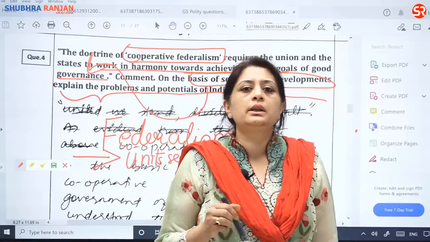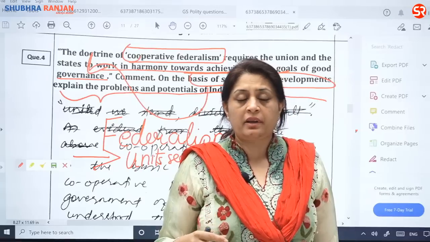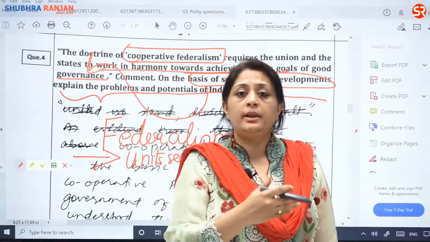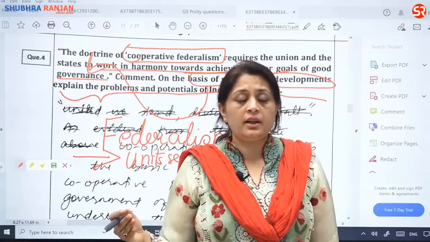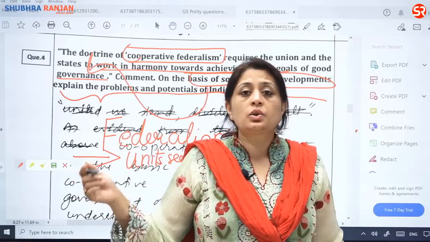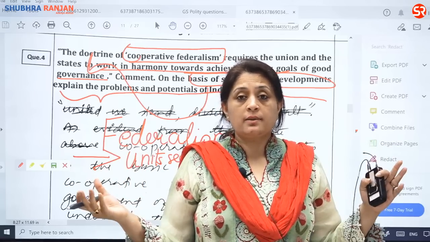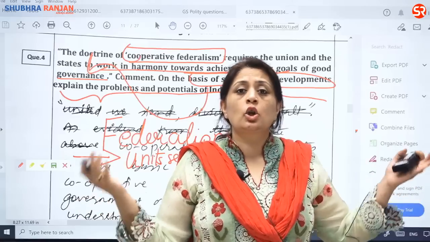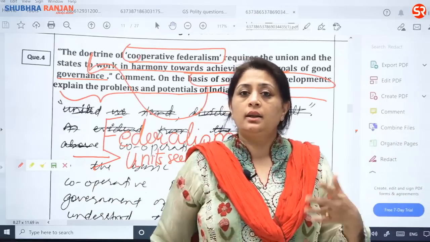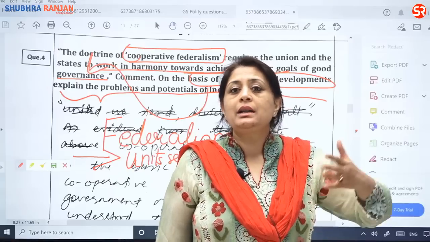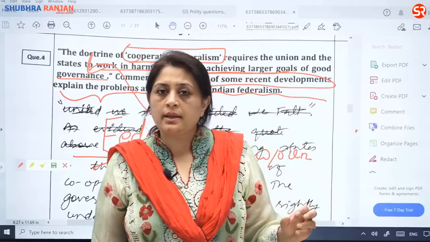And then a student is expected to write what the features of cooperative federalism are. To be able to explain cooperative federalism, you should compare it with the American model. The American model is a dual federation which is based on independence. Cooperative federalism is based on interdependence. So how is India a cooperative federation?